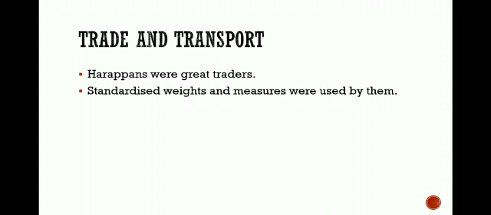This is a very good proof of the maritime trade of the Indus civilization with other countries. Cylindrical seals similar to those also found in the Persian Gulf and Mesopotamia have been found in the Indus area. This shows the trade links between these two areas, between the Indus and the Mesopotamian civilization.